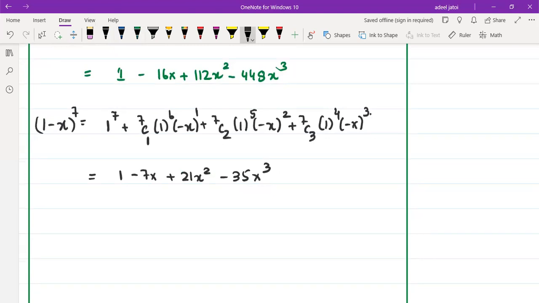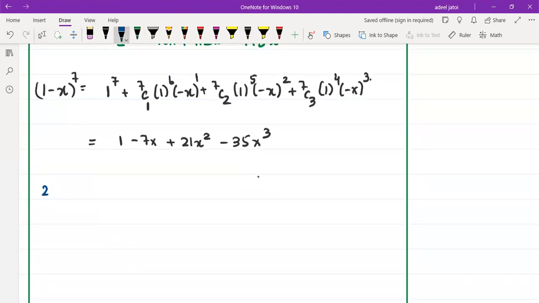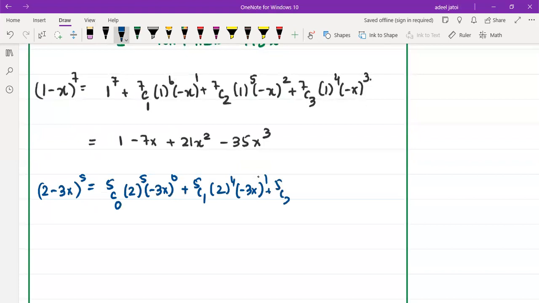Then we have (2 - 3x)^5. Solving this will be 5C0 2^5 (-3x)^0, then 5C1 2^4 (-3x)^1, 5C2 2^3 (-3x)^2, and similarly 5C3 2^(5-3), which becomes 2^2, and (-3x)^3.